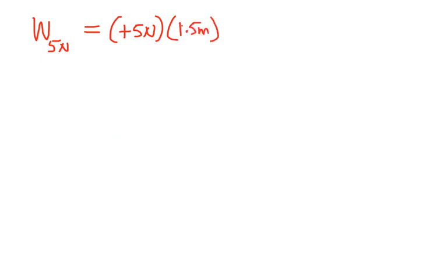And when you do that, we get 7.5. The units are newtons times meters. In physics, a Newton meter is given a unit called joule. A joule is the unit of work. So the work done is 7.5 J, joules.